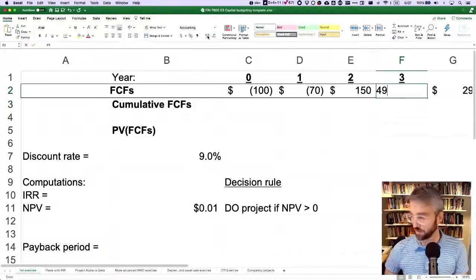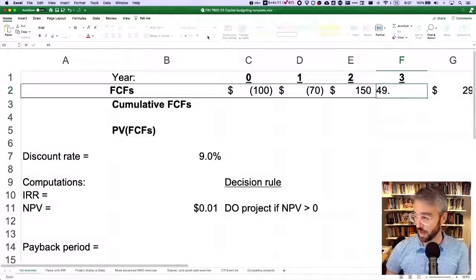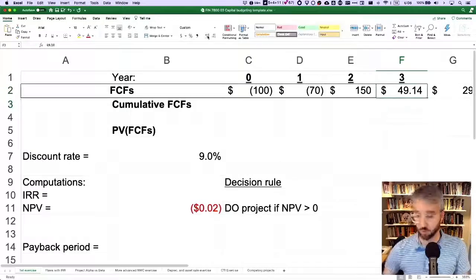It turns out if instead of that final cash flow being a big $100 million, it was only $49.15 million, we would have a project at almost exactly NPV 0.